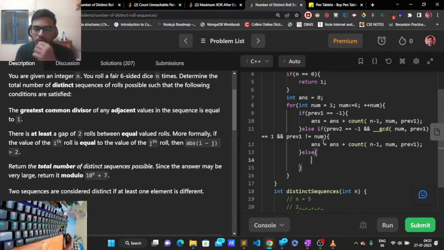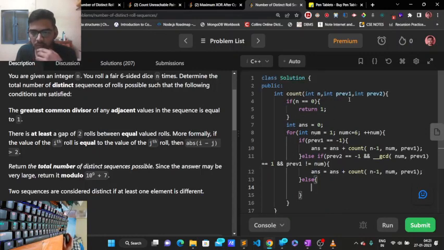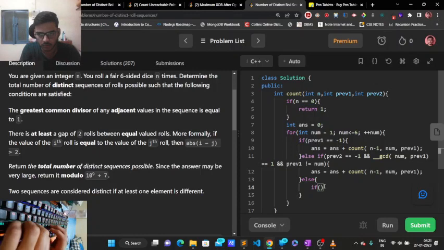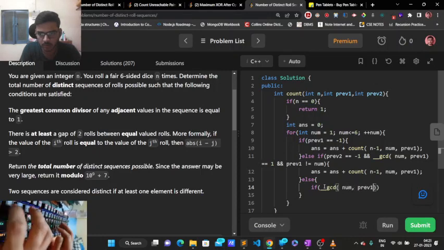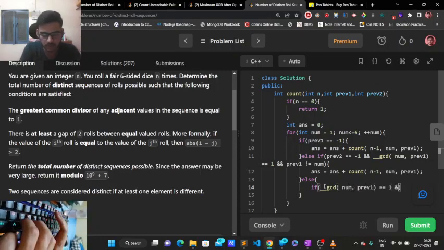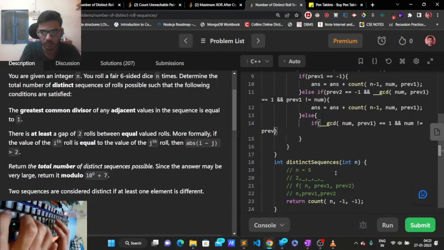Now the condition is we have already rolled the die at least 2 times. That means PRV1 value and PRV2 value are defined. Now we will put num over here when the GCD of num and PRV1 is 1, and num is not equal to PRV1, and num is also not equal to PRV2.